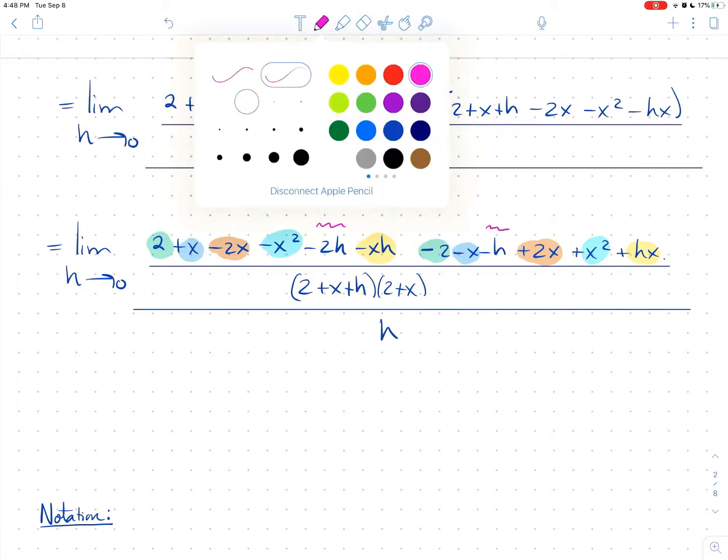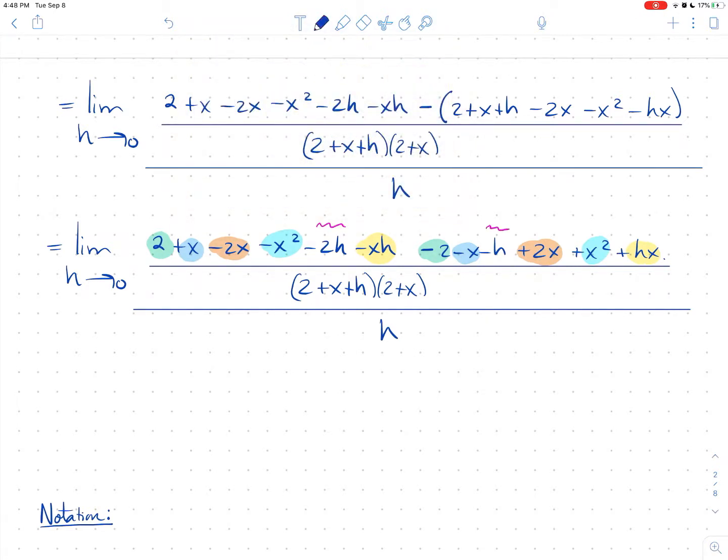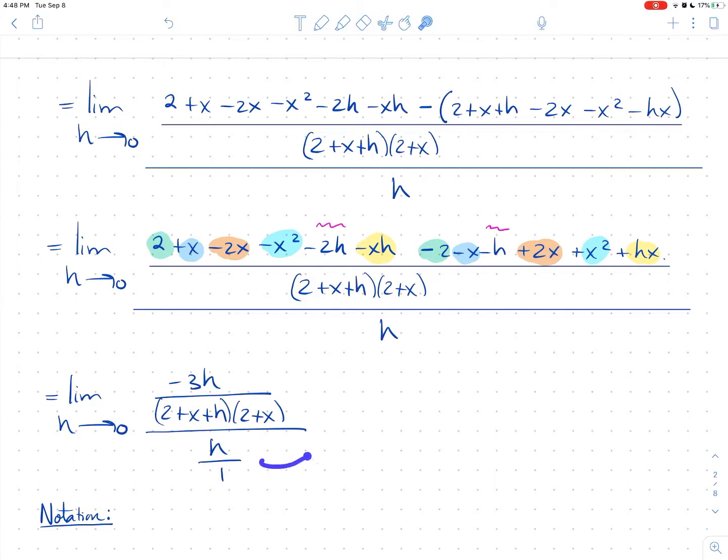And so this whole thing simplifies down to the limit as h goes to 0 of minus 3h over 2 plus x plus h times 2 plus x, all over h. Think about that bottom h as h over 1, and then what you do is you flip and multiply.